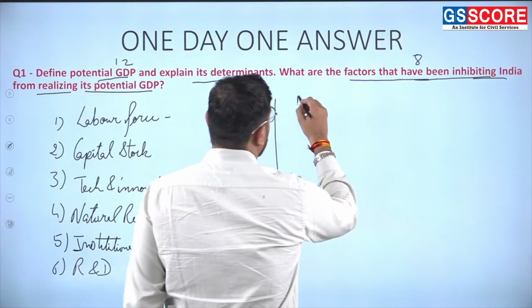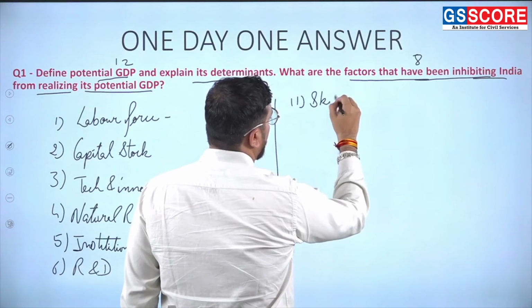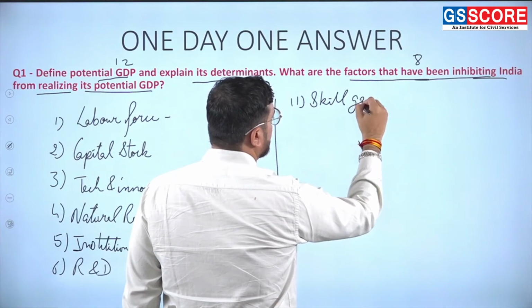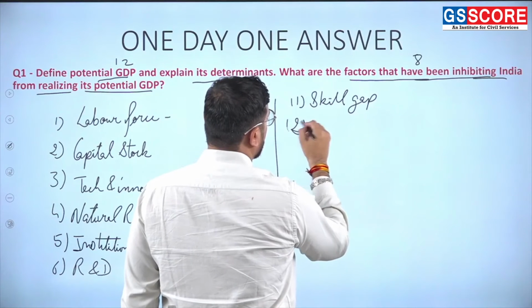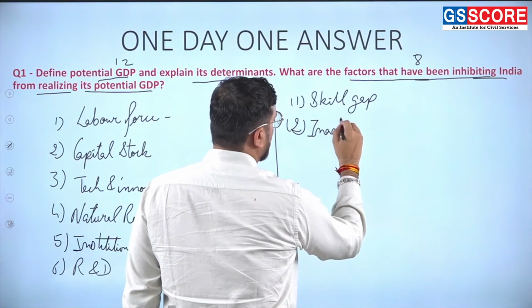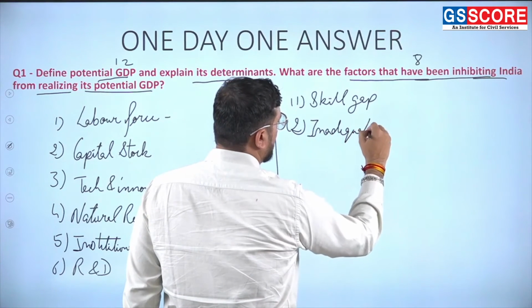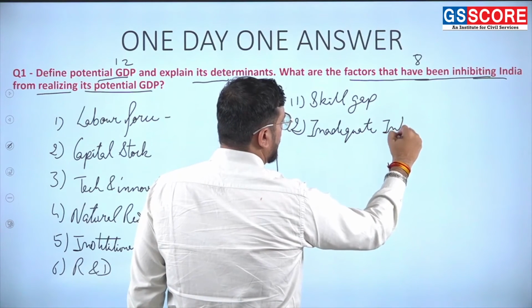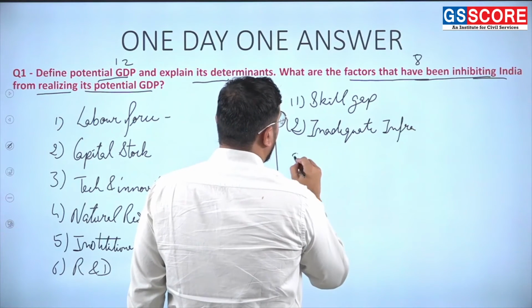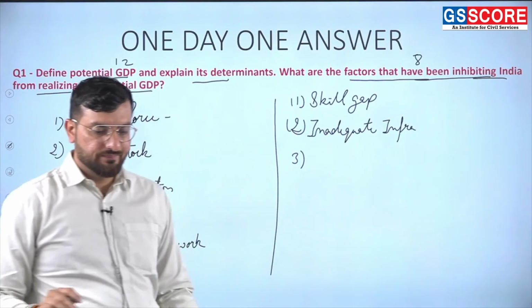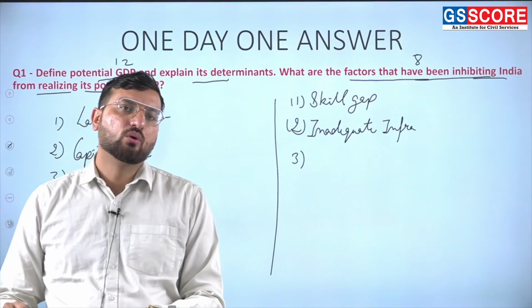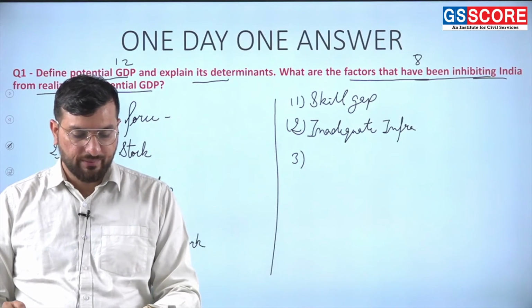So things we can write is skill gap, inadequate infrastructure.